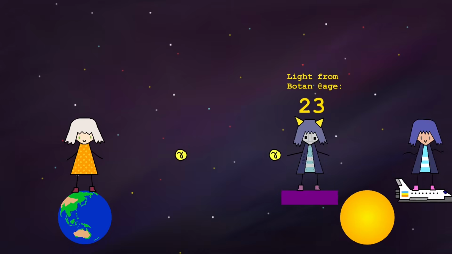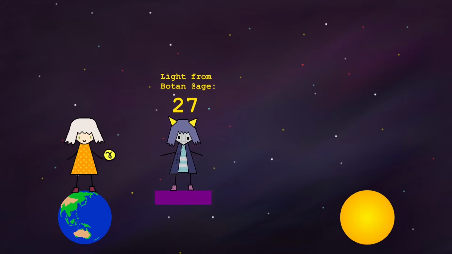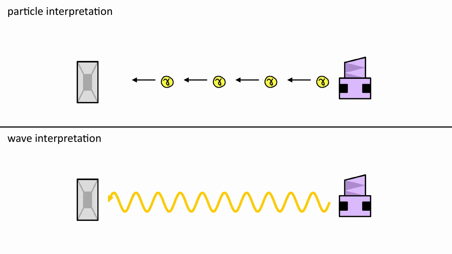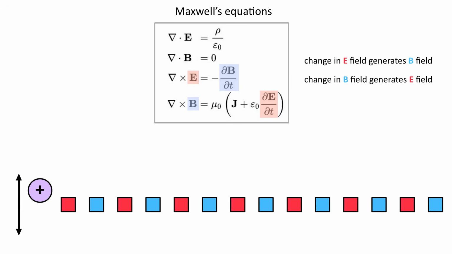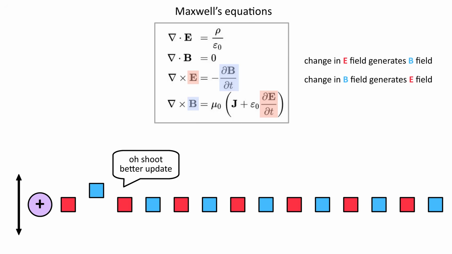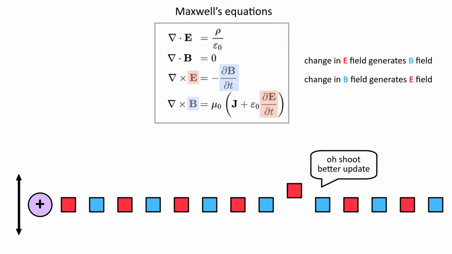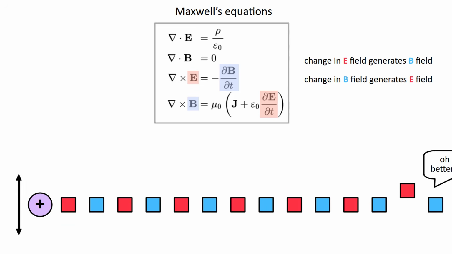Alright, enough about particles. In the wave interpretation, light comes not as a series of individual photons, but instead as one continuous electromagnetic wave. When a charged particle accelerates, it causes oscillations in the electric and magnetic fields that interact with each other in such a way that the oscillations propagate through space, according to Maxwell's equations. These waves have a propagation speed and an oscillation speed.